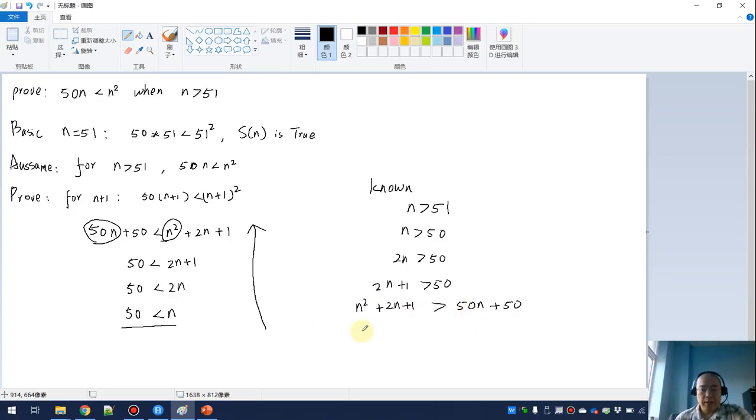So yes, and then (n+1) squared is greater than, sorry, 50(n+1). This is exactly what we want to prove. We want to prove that for n plus 1, 50(n+1) is smaller than (n+1) squared, and I just proved that, which is this part.